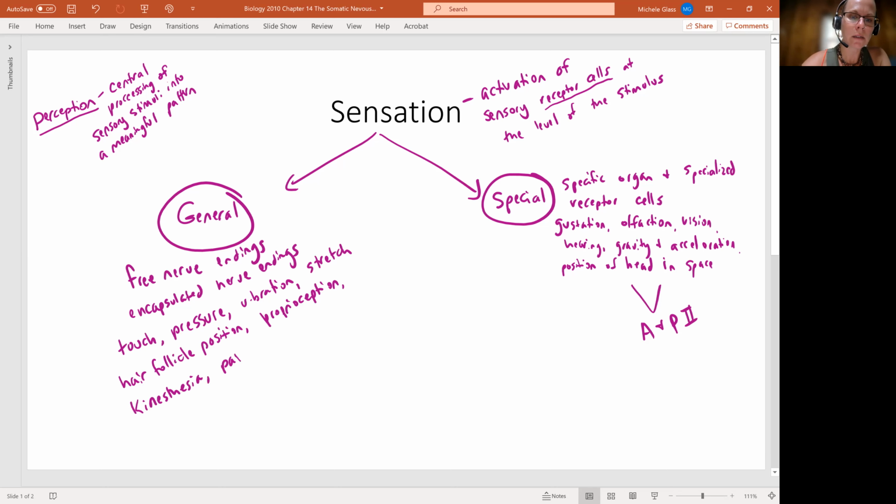Pain and temperature can also be listed here. And here we're talking about temperature sensation that we're detecting with our integumentary system.